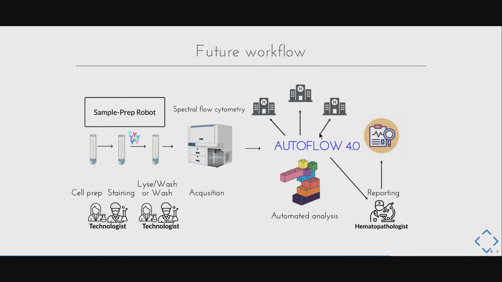And the more exciting thing is building AutoFlow 4.0, which will be based on a panel agnostic model. AutoFlow 4.0 will also provide more interactive functionality like live gating. We are very excited about developing this platform. With that, I would like to conclude my talk.